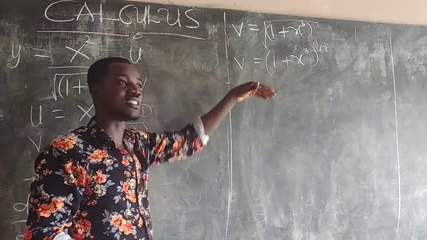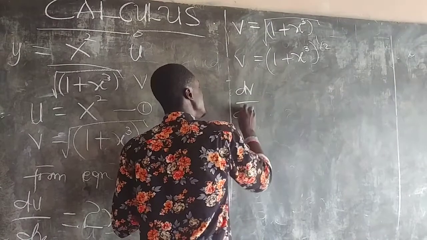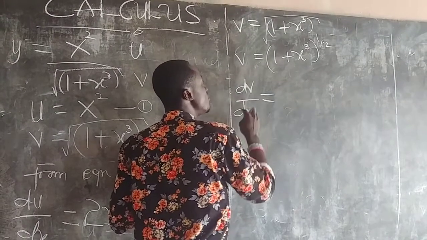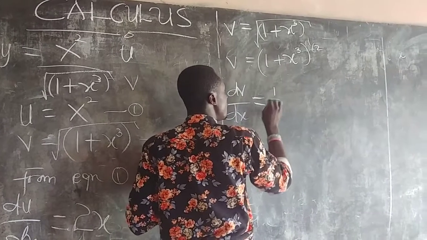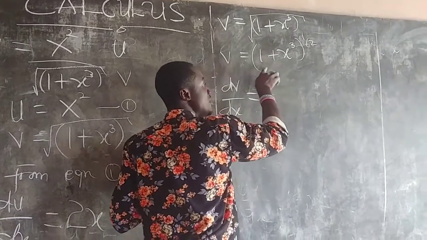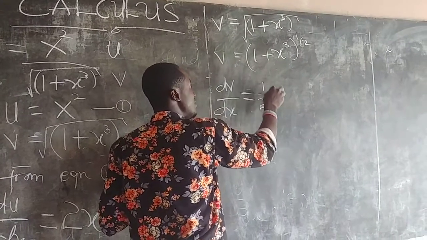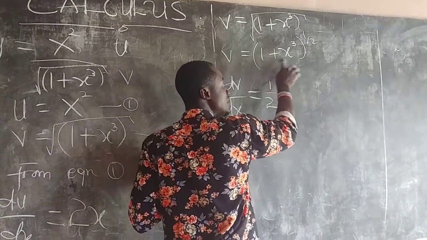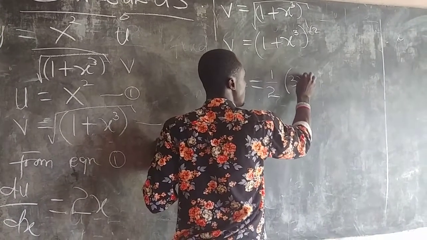That's function of a function. So our dv/dx will be equal to the exponent here, that is 1 over 2, times the derivative of the inside term of the bracket. So let's differentiate the term inside the bracket. You get 3x squared.